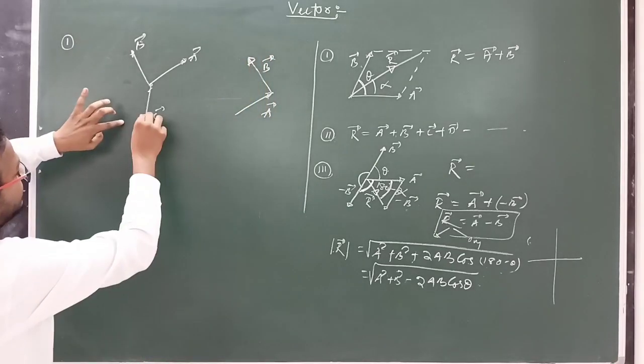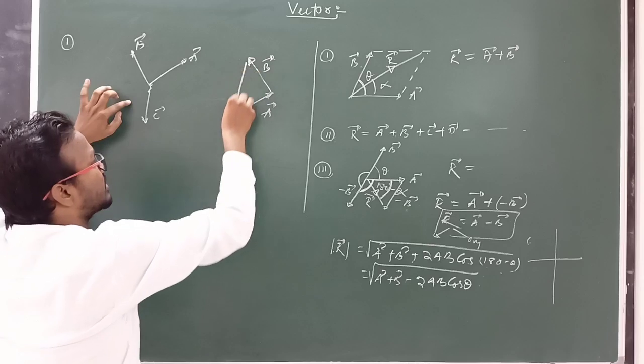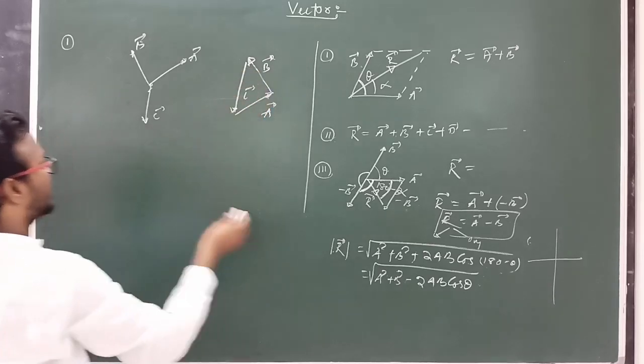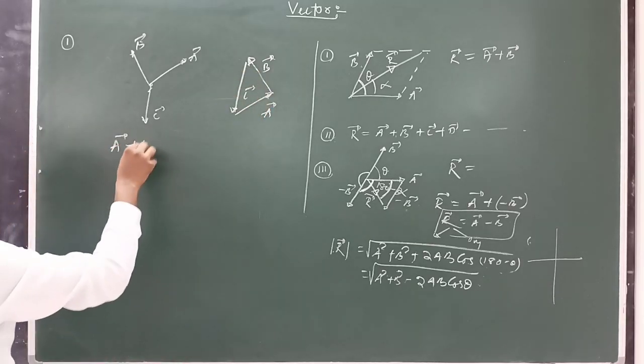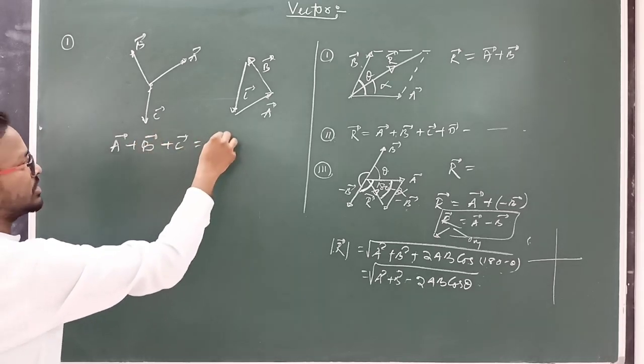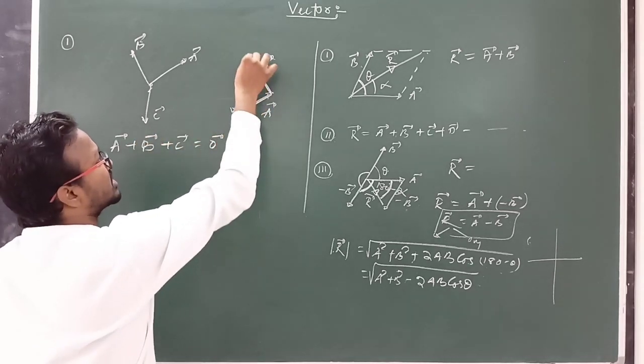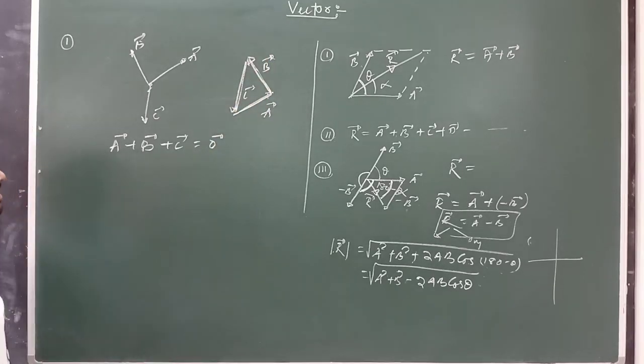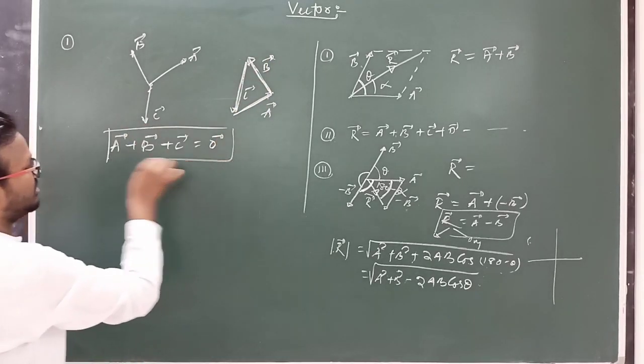Then this is vector C in this direction, which closes the loop. It means A vector plus B vector plus C vector equals the 0 vector. They form a closed triangle like this. Clear? So this is known as the equilibrium condition.